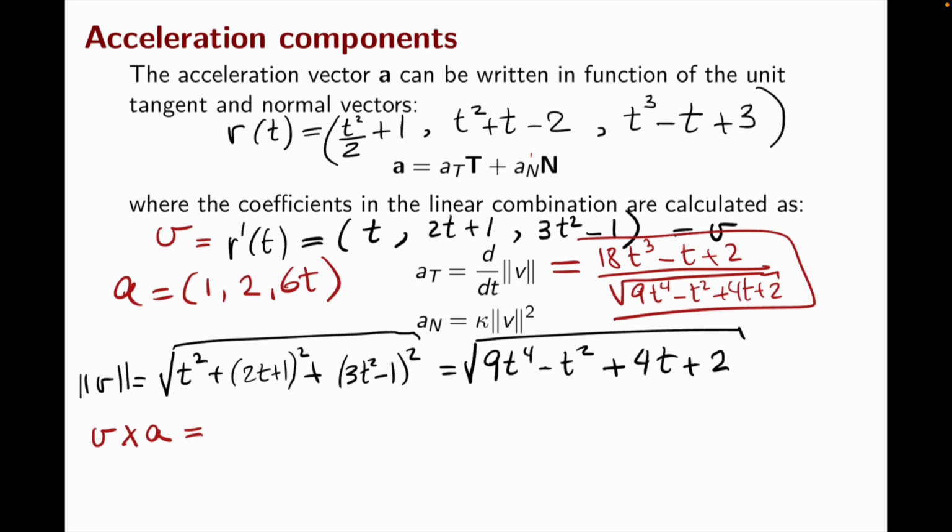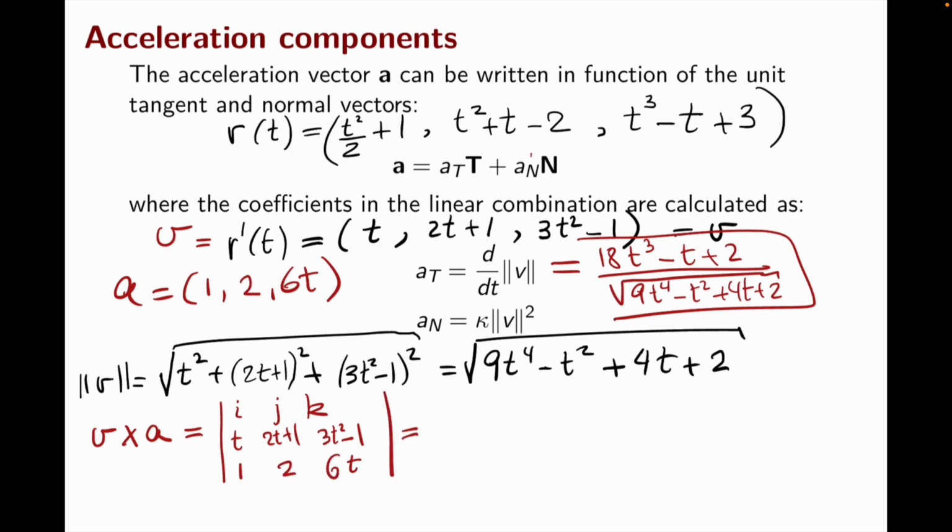This is done by taking the determinant here: i, j, k, then the components of v that are t, 2t plus 1, 3t squared minus 1, and the components of the acceleration, which are 1, 2, 60.